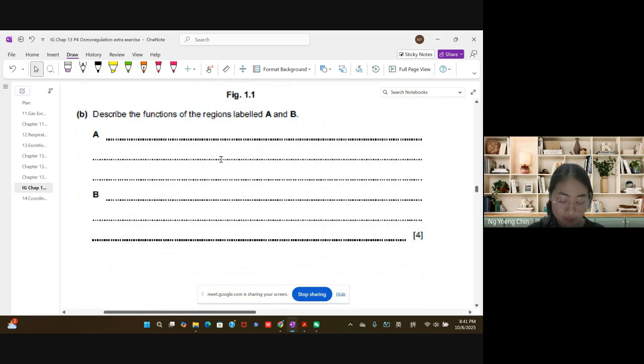So how are you able to describe the functions? For A, you can describe the glomerulus.